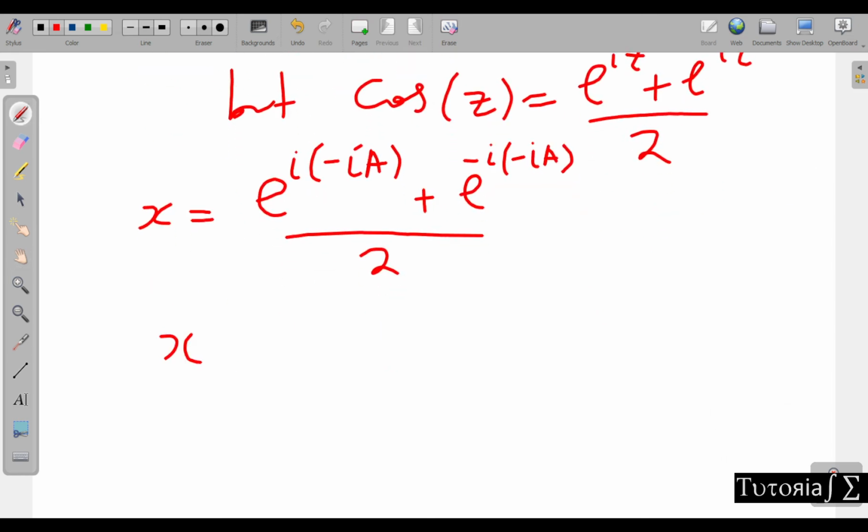So when we simplify, what are we getting? There we have e to the power a. e to the power a. Now what is this equal to?